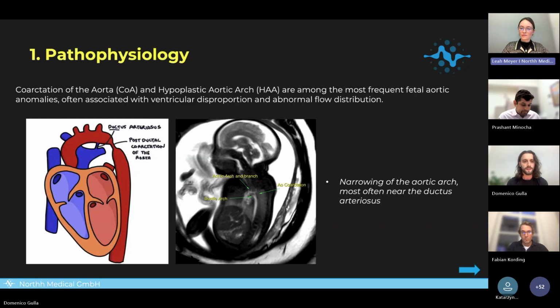I don't want to give you a lesson of anatomy, but coarctation of the aorta and hypoplastic aortic arch are among the most frequent fetal aortic anomalies and often associated with ventricular disproportion and abnormal flow distribution. Here we can see the narrowing of the aortic arch, most often near the ductus arteriosus.